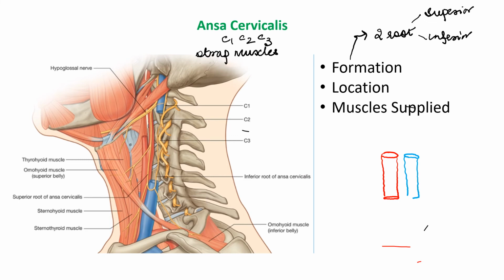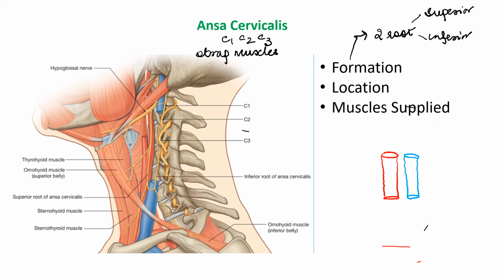So you will know the location when you're seeing it in the cadaver, but at the same time you need to write the location out here also. So it is present around the carotid sheath, anterior to the carotid sheath or lateral to the carotid sheath, depending on where the fibers are arising.